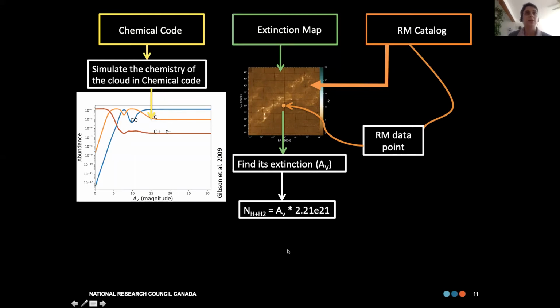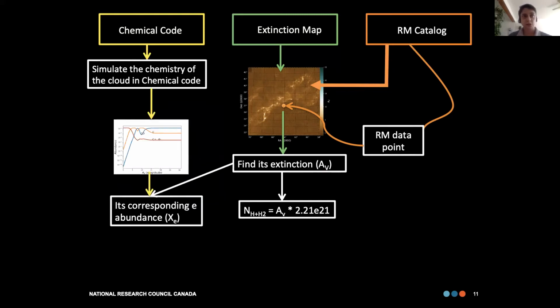As a result, we get abundances of elements versus extinction, and one of these elements is the electron. So by having the extinction of that point, we have the electron abundance, and therefore, using the hydrogen column density, we have found the electron column density. So we've answered the second question.